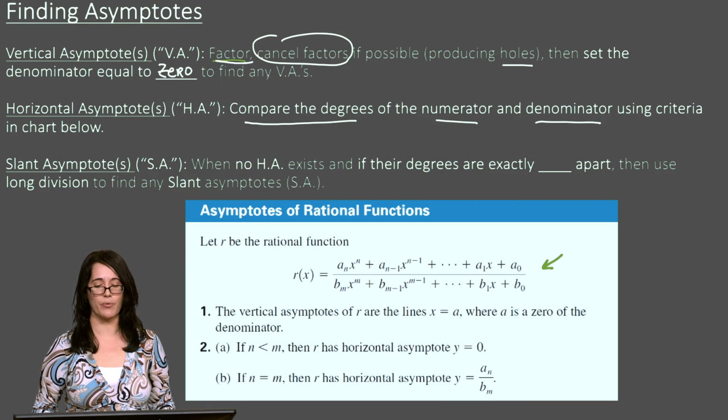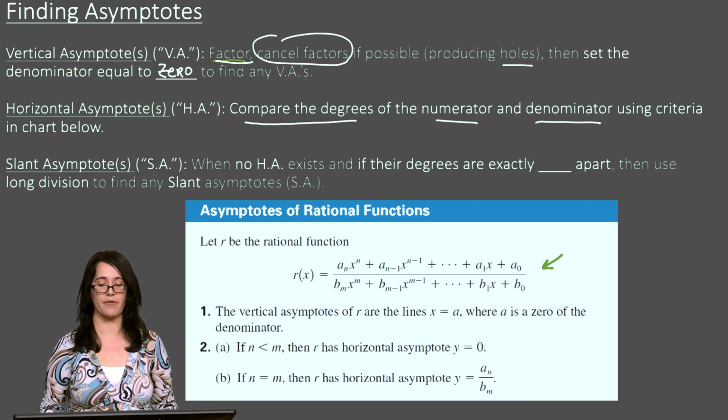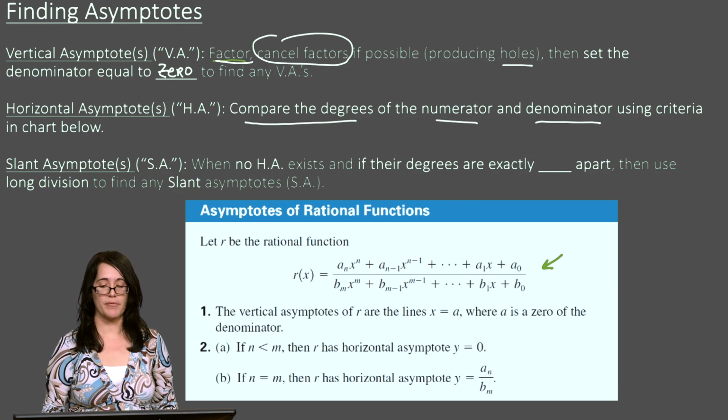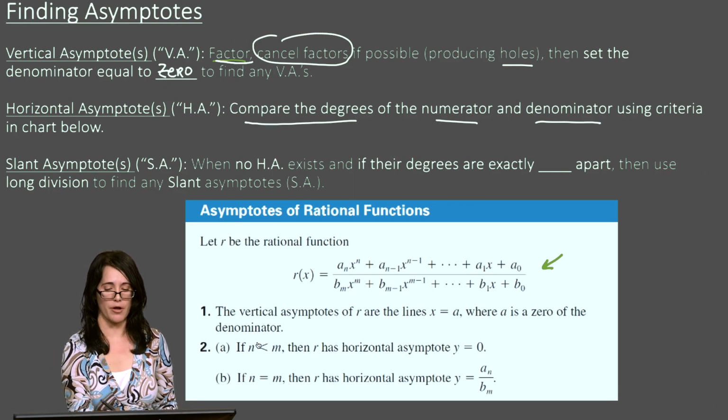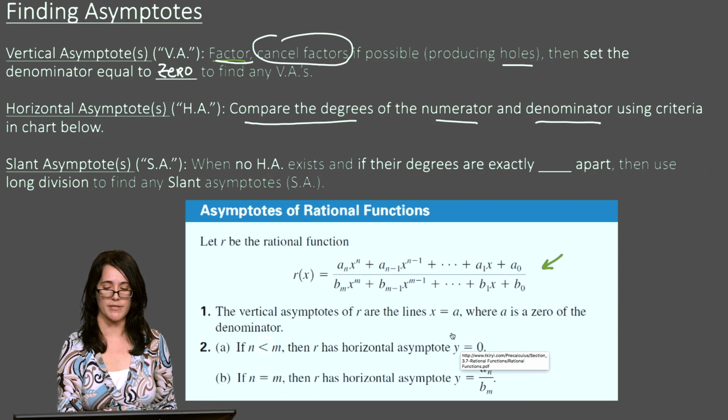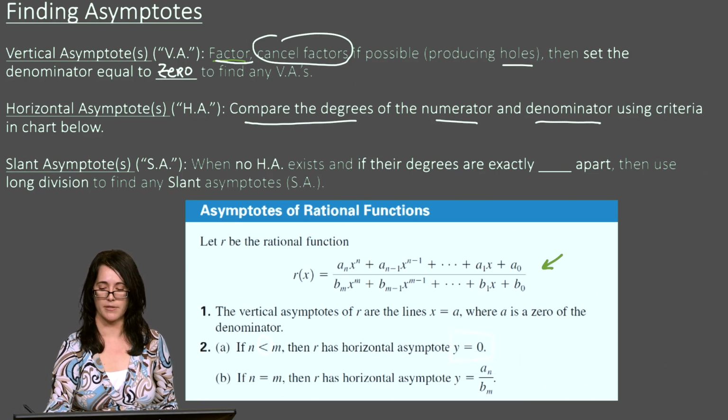In the box below, we see the summary of those three types of situations that could happen. Remember that if the degree of the numerator, which we're calling n here, is less than the degree of the denominator, that meant that we did have a horizontal asymptote at y equals 0.